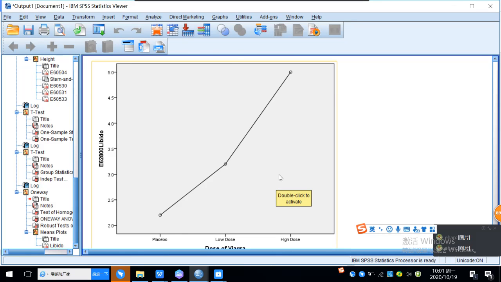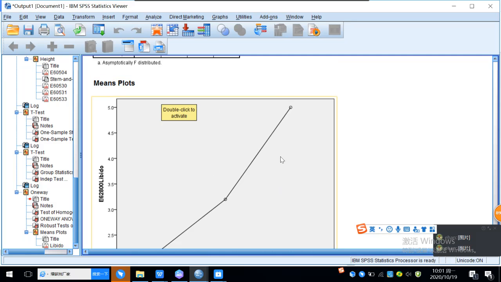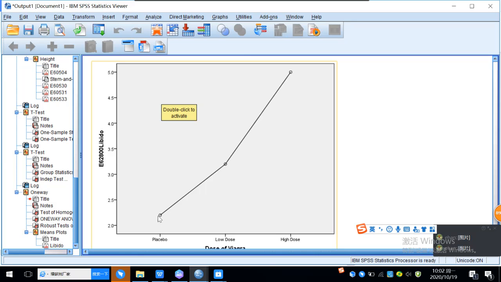Here is the means plot. If we use the placebo, then the mean of the libido is here. If we use low dose, it's here. And if we use high dose, then the libido is here. It's more than 5, okay?